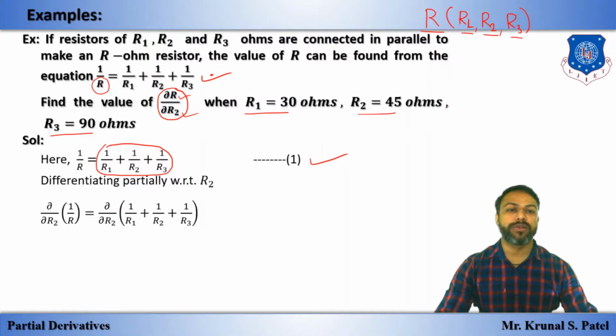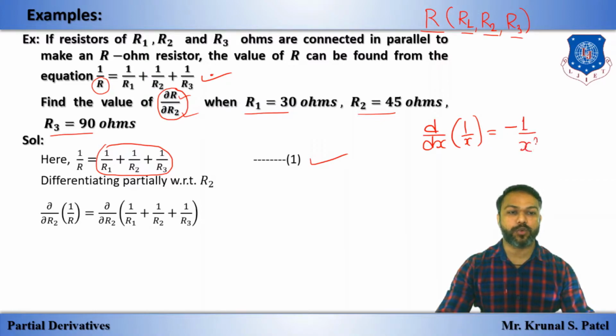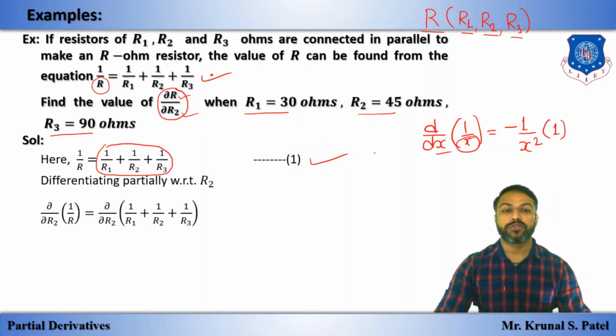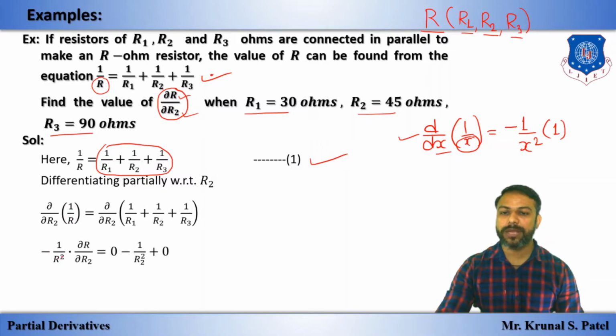Now we know one formula, that d by dx of 1 by x, that means differentiation of 1 by x, is minus 1 by x square, and differentiation of x with respect to x is 1, so no need to write that down. So the same formula will be applicable here: differentiation of 1 by R is minus 1 by R square into differentiation of R with respect to R2, which is del R by del R2.